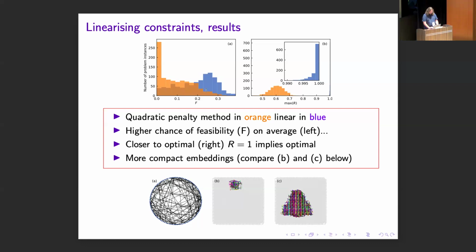So the orange is the quadratic penalty method, the blue is the linear penalty method, and we're much closer to optimal. So this R here is the approximation ratio that gets very close to 1, which means we've basically succeeded.